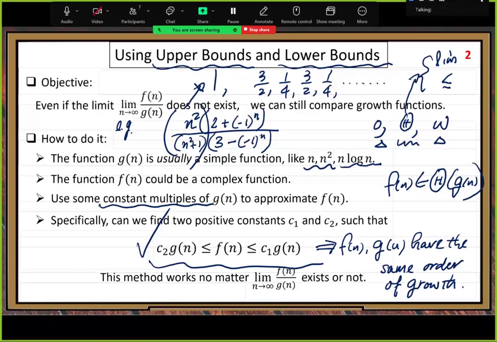I may create a concept question using this example as the background. Suppose the limit of these two functions does not exist. Is it possible to show that these two functions have the same order of growth?